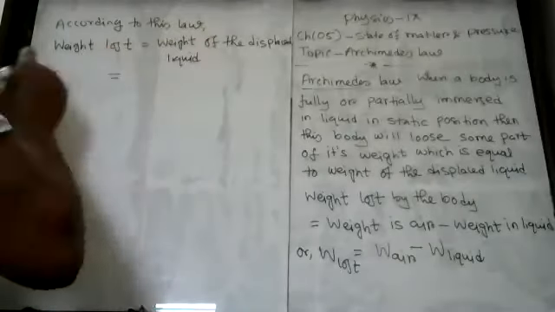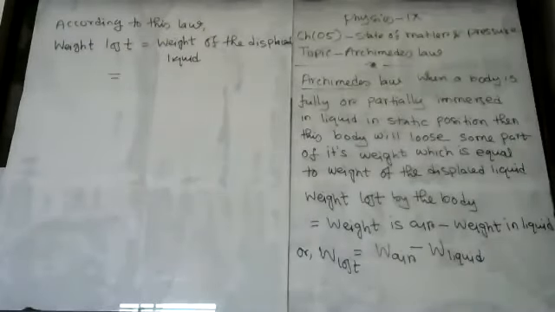Now, my students, what is the equation for the weight of the displaced liquid? According to my last class, this is nothing but buoyancy applied on the body inside the liquid. I repeat, this is nothing but buoyancy applied on this body by the liquid.